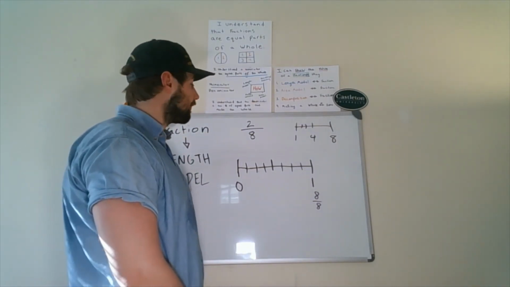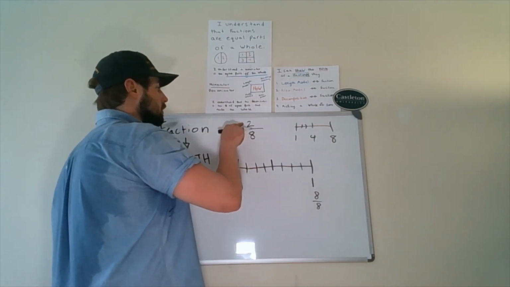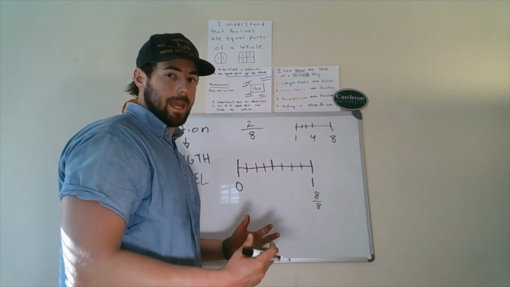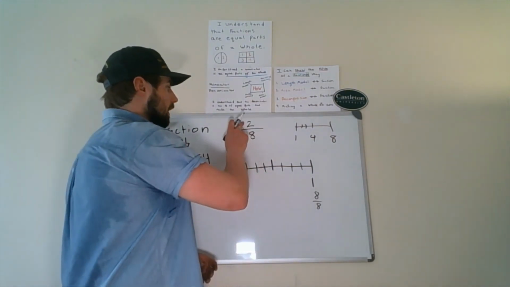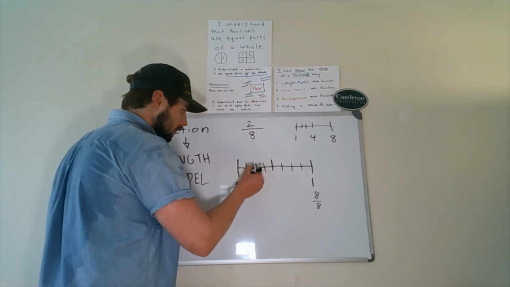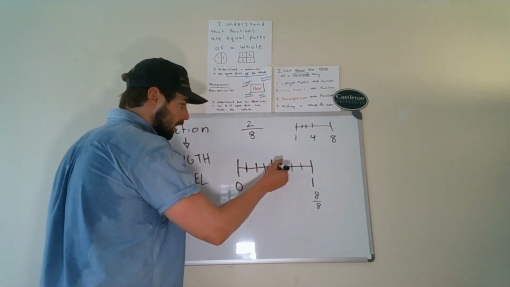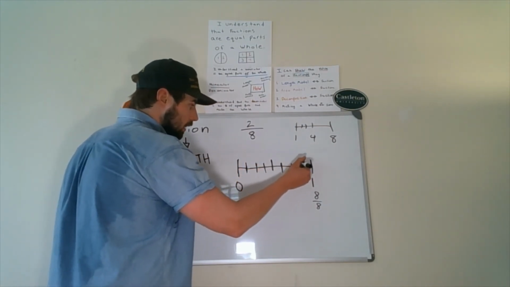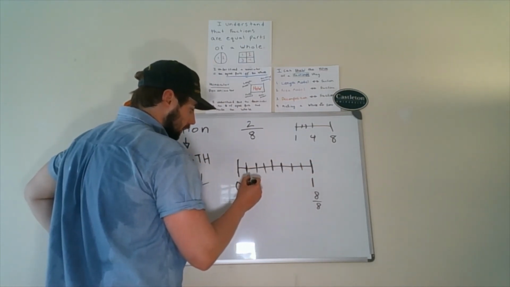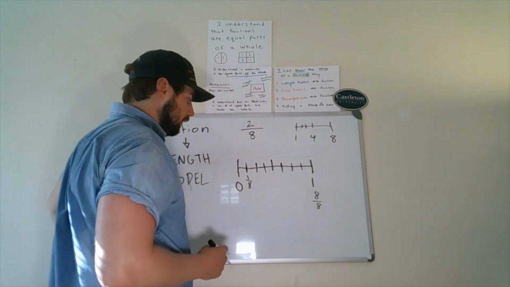We're talking about a fraction. We're talking about 2 parts of 8 parts that make a whole. We're talking about 2 eighths. So, we know that each one of these partitions, these lines, is an eighth.